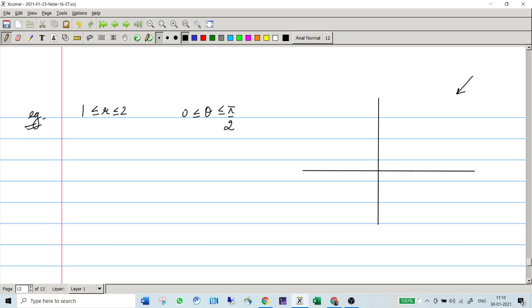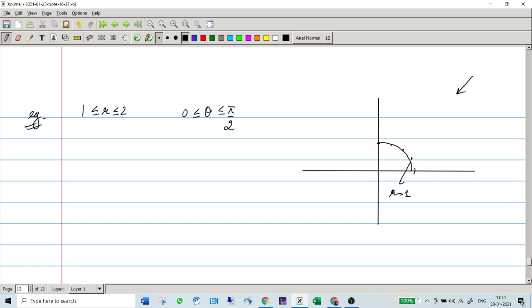So let us plot r equal to 1 first for theta between 0 and pi by 2. When theta was 0, r is 1, right here. When theta was pi by 6, r was 1, it is right here. Then theta was pi by 4, r was 1 here. Pi by 3 and pi by 2. So these are the values for r equal to 1.